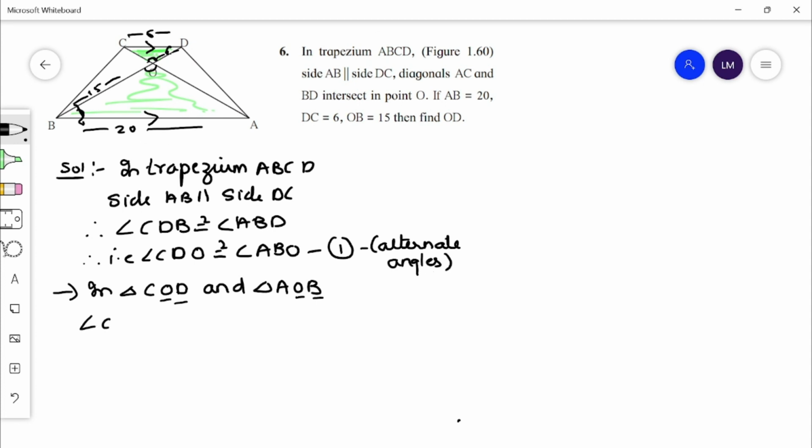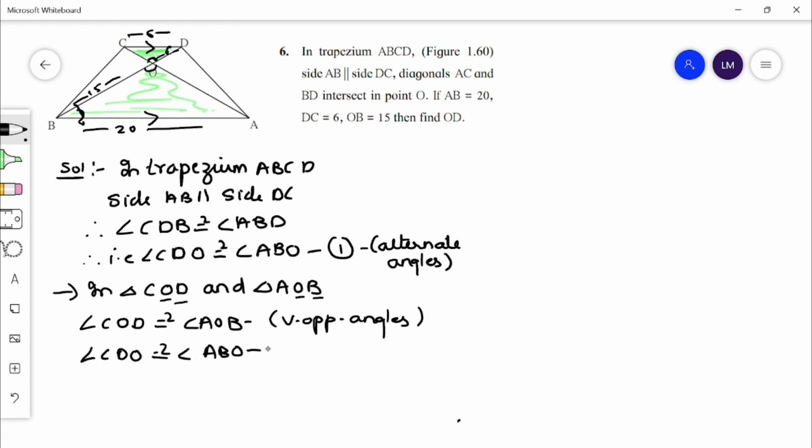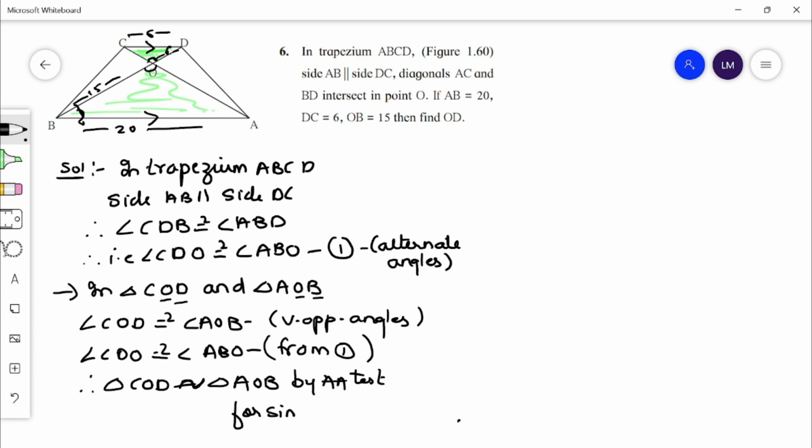First we can write angle COD is congruent to angle AOB. Reason: vertically opposite angles. Next is angle CDO is congruent to angle ABO, which we received from equation number 1. Therefore, triangle COD is similar to triangle AOB by AA test for similarity.